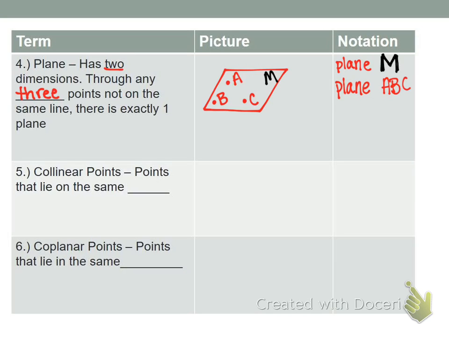Okay. Next up we have collinear points. You might be able to guess. Those would be points that lie on the same line. You could draw a picture for that. You could put a line that has a bunch of points on it. All of these points would be considered collinear. You can name them anything you want.